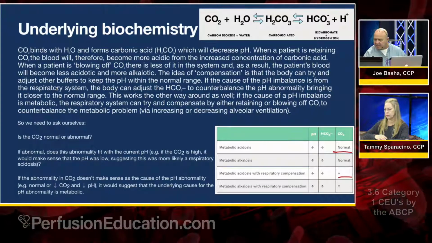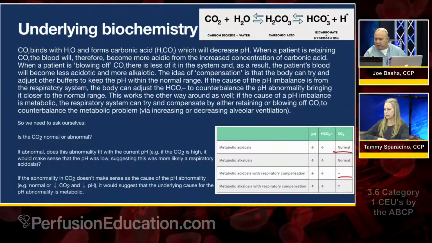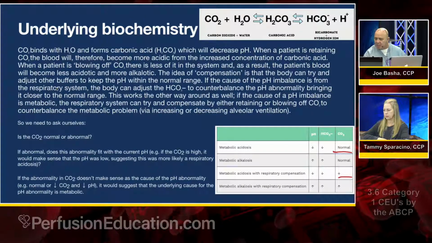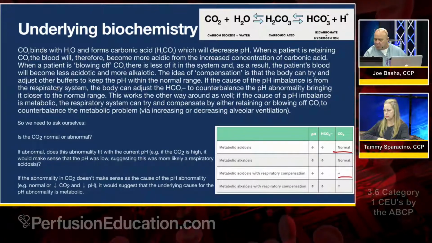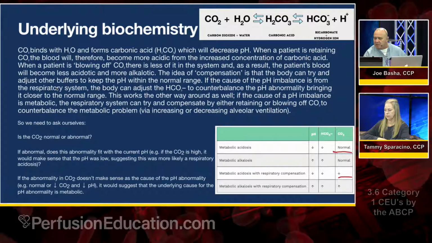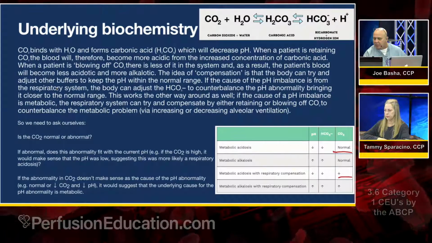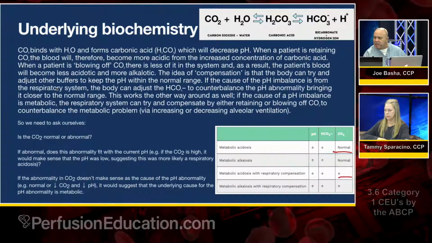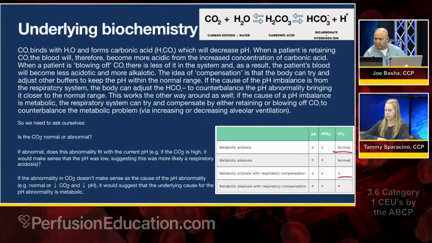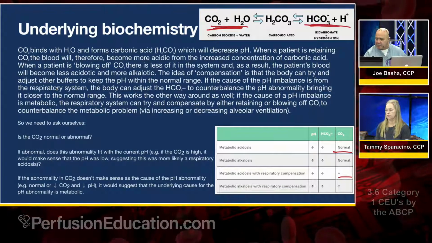You have metabolic acidosis: pH is down, bicarb is down, PCO2 normal. Metabolic alkalosis: pH is up, bicarb is up, CO2 is normal. You can have a metabolic acidosis with respiratory compensation, so your pH is down, your bicarb is down, your CO2 is down because you're trying to blow all of this off in order to have more of this.